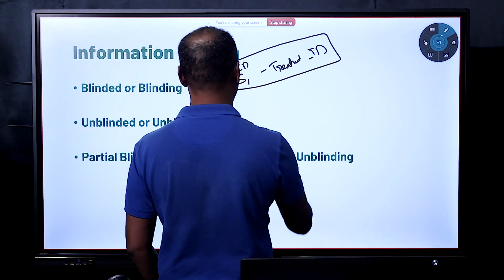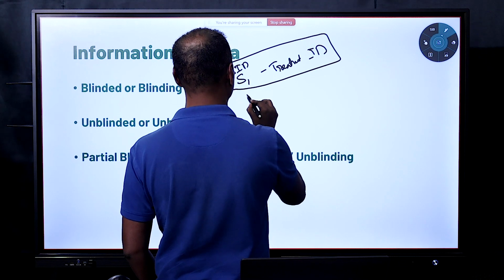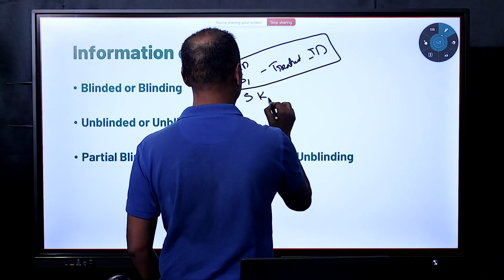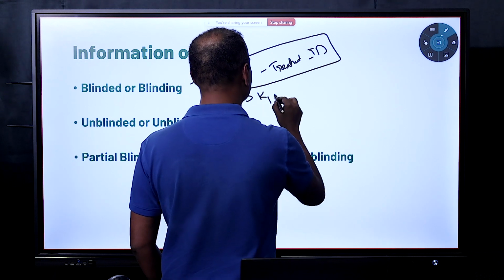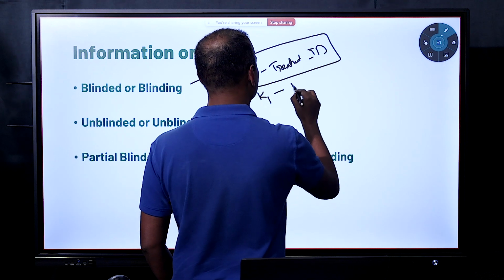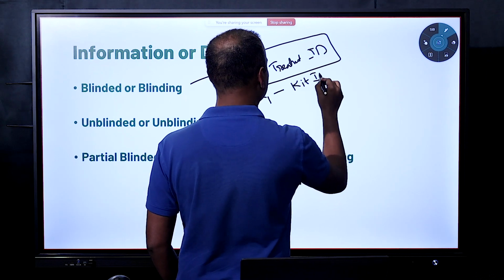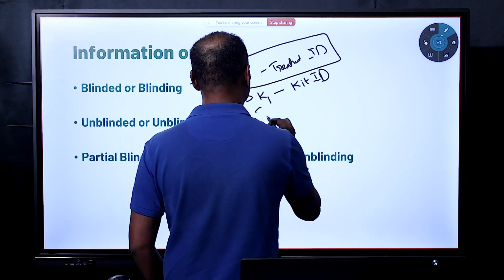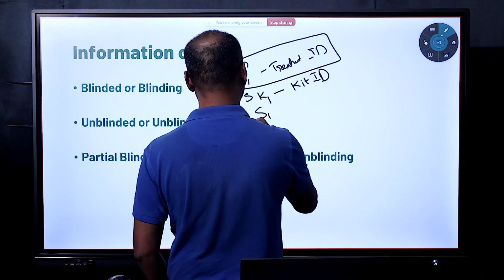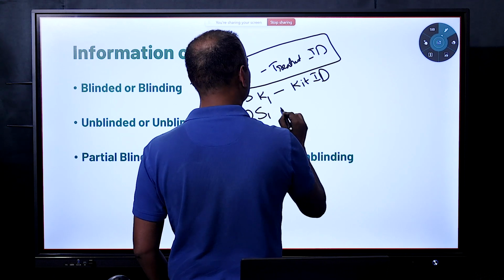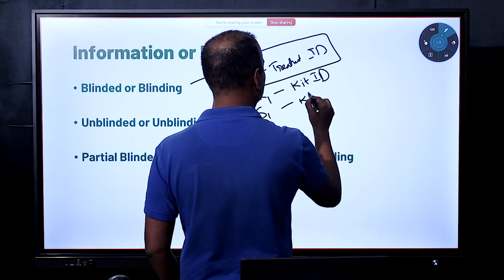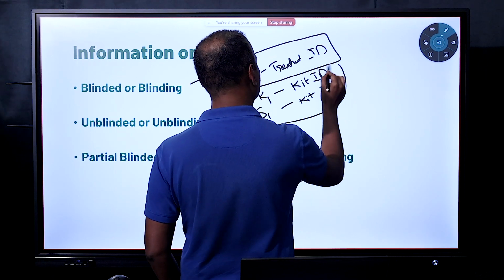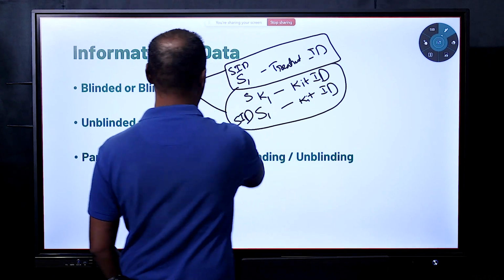In the same scenario, a particular kit 1 is mapped to kit ID, or subject 1 or subject ID is mapped to kit ID. Even these two scenarios are considered blinded information.